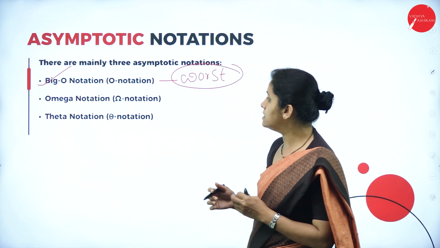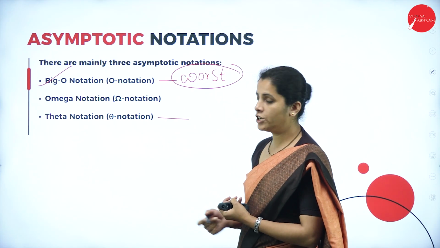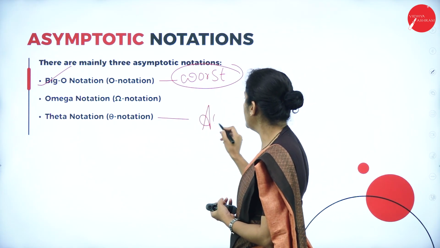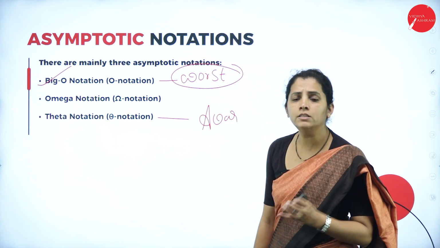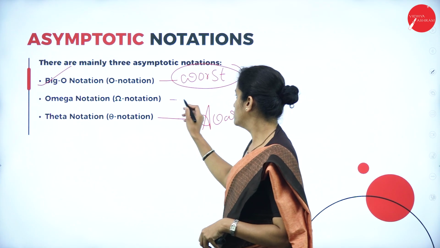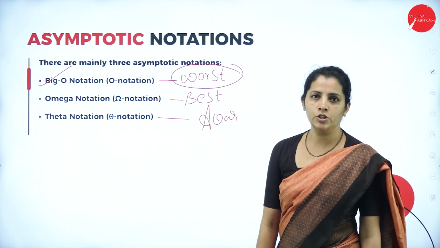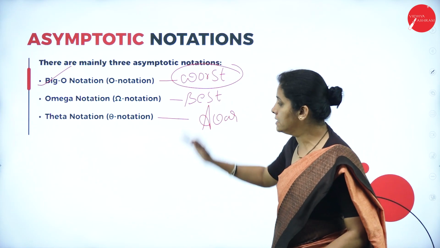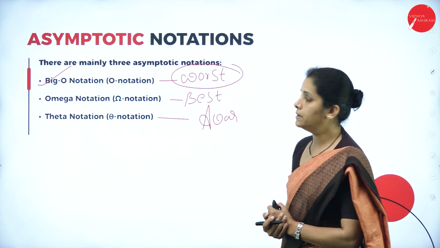Then if I consider the average case, then it is theta notation. Theta is nothing but the average. Okay, fine. Then what about omega? That's nothing but the best case. So best case is nothing but the omega notation. Okay, fine. Let me explain this concept. I'll take one small example.